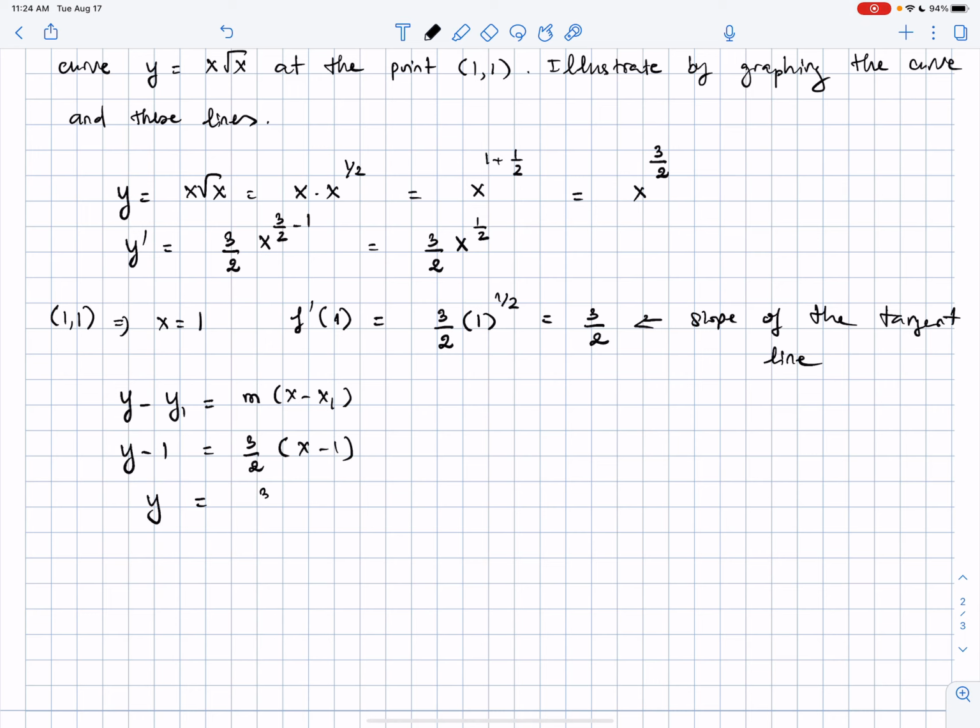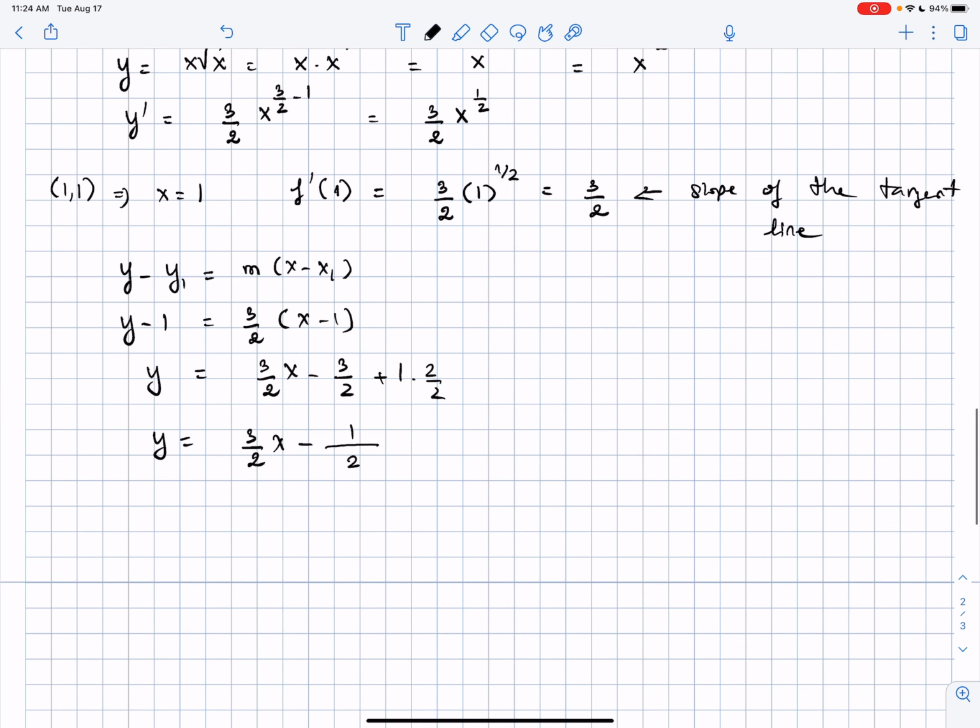So we will distribute 3 over 2 and then add 1 to both sides. The LCD is 2, so we got 3/2 x, and then we got minus 1/2. So this is the tangent line. Equation of the tangent line.